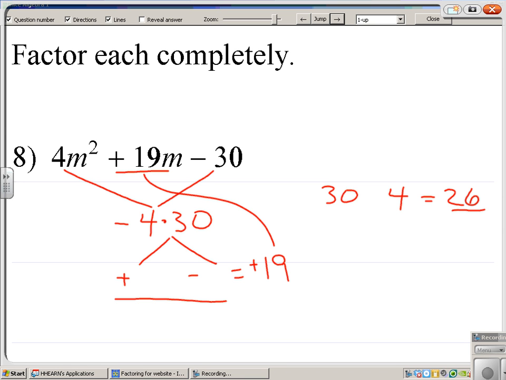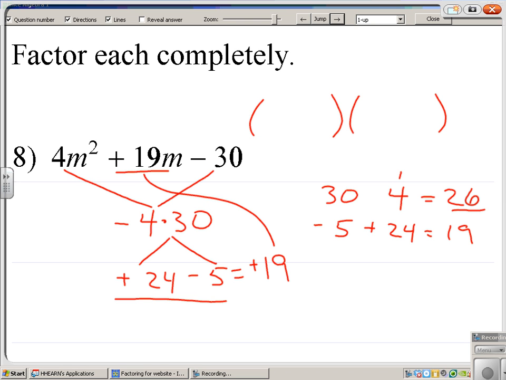For instance, I could steal a 5 from the 30, which would leave me with a 6 to go to the 4. 6 times 4, 24. I said, if I was to subtract those guys in the correct order, I could get a 19. So I got lucky there. Not too bad. So my magic numbers, negative 5, positive 24.